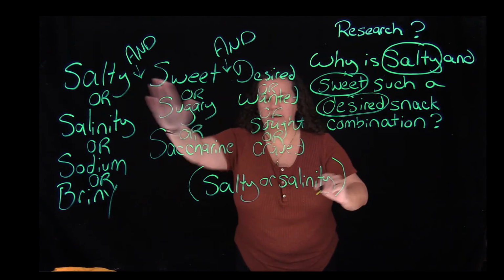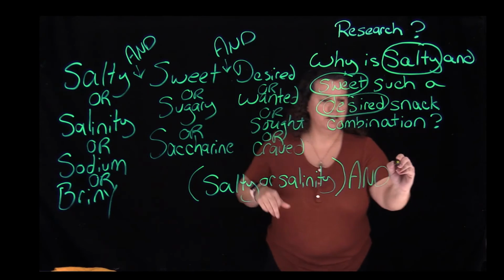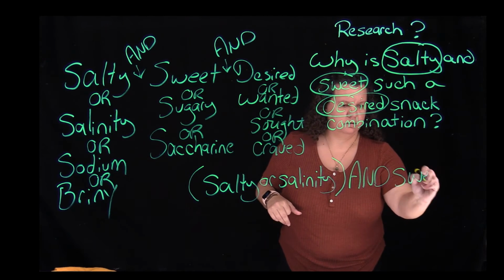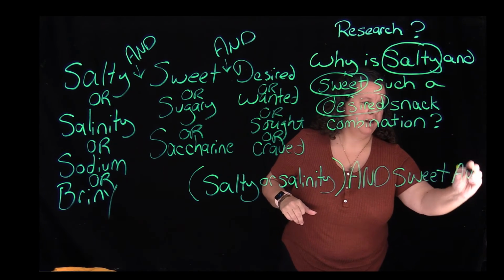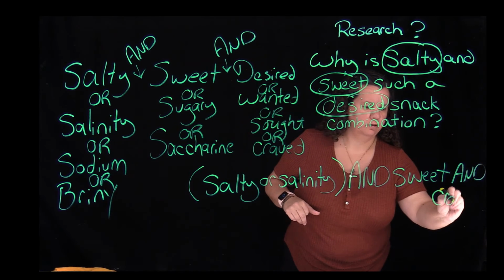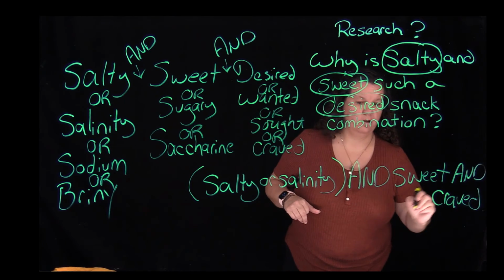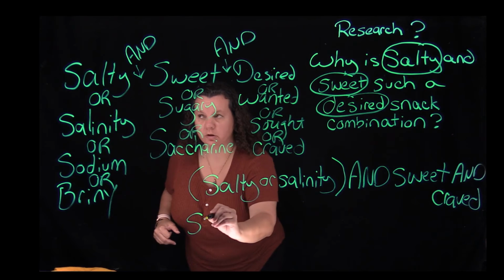Now we're going to go between the columns, so we're going to have an and, sweet, and I'm going to go between the columns again, so we have an and. Over here we might decide that we want crave. Okay, so there's one possible combo.